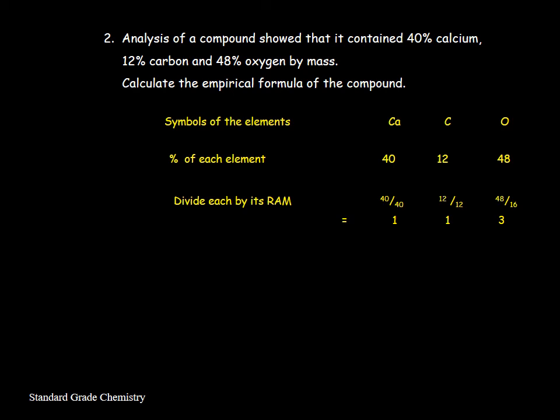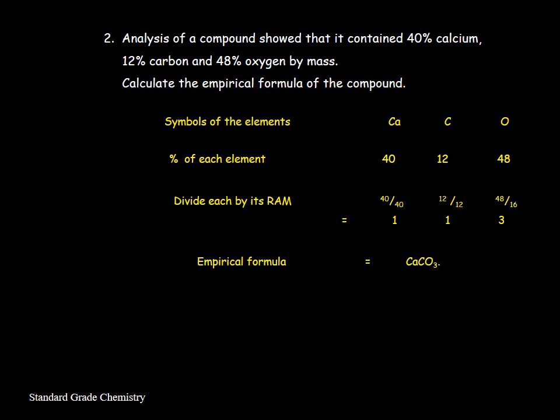So we divide the percentages by the relative atomic masses, and we got a pretty nice answer with a full number in each case. 40 divided by 40 for calcium gives us 1, 12 divided by 12 for carbon gives us 1, 48 divided by 16 for oxygen gives us 3. So we should divide by the smallest.